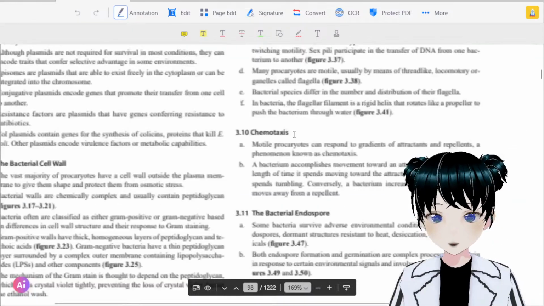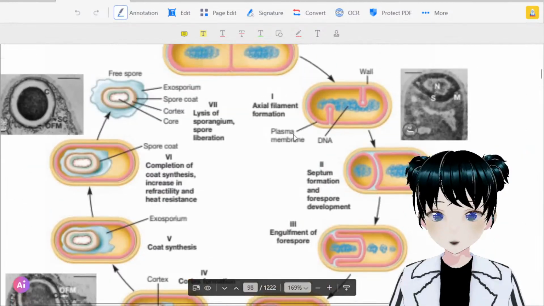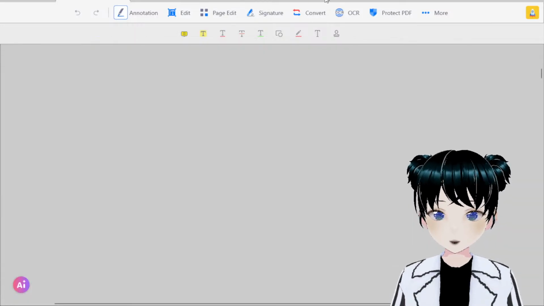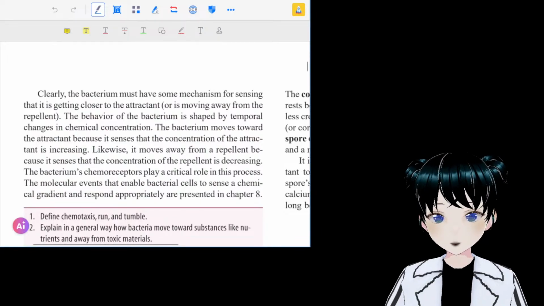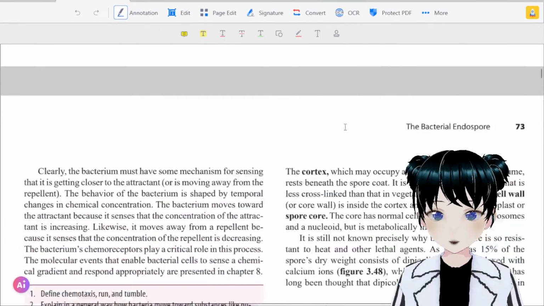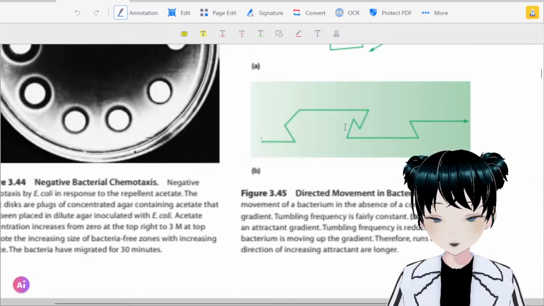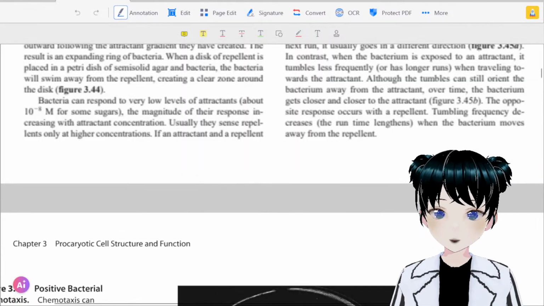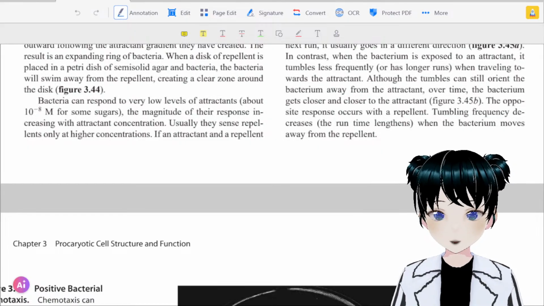What is this? Okay, whatever page we are on. I think we jinxed something. This is 73. Okay. Yeah, I think so.